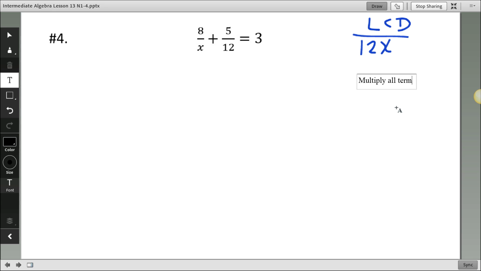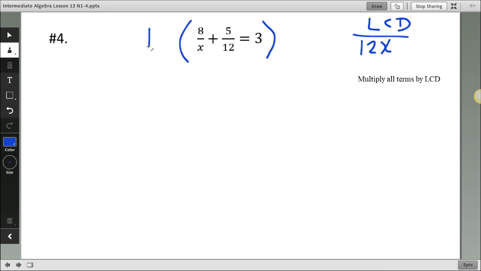I'm going to multiply all terms by the LCD. In this case, I'm multiplying this entire problem by 12x. And so this is how that's going to look.